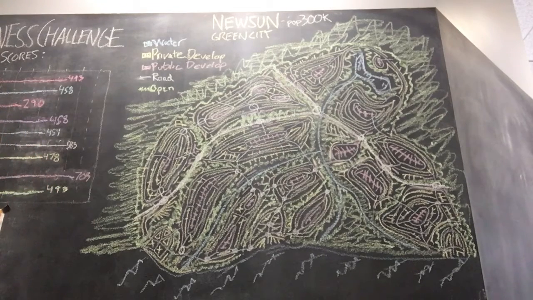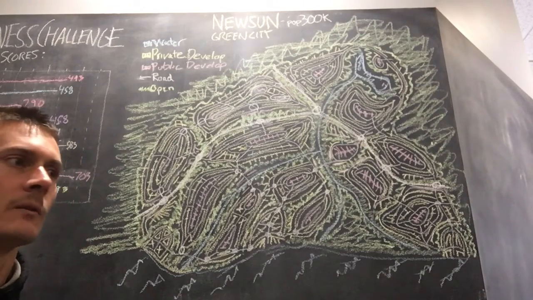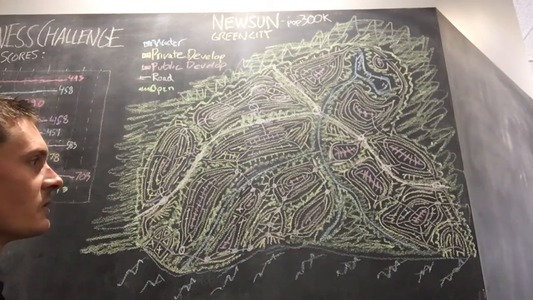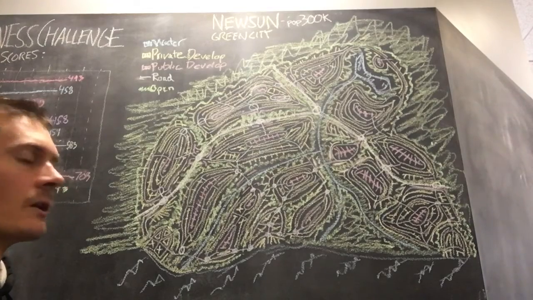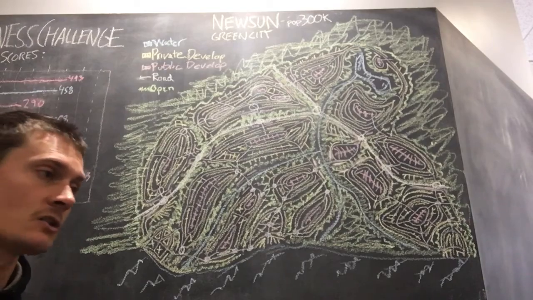And I'll address one other thing. You could look at this idea of making an ideal city and say, well, that's never going to happen. Especially cities in America, it's not like you can start over. You have to work with what you've got. And that is true.